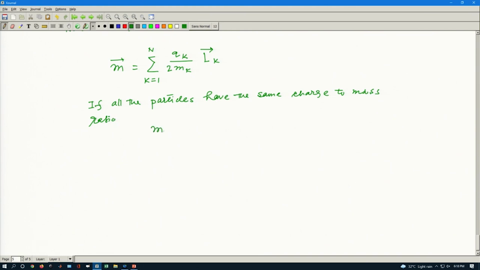Then we simply have m_l as q by 2m, sum over k, l.